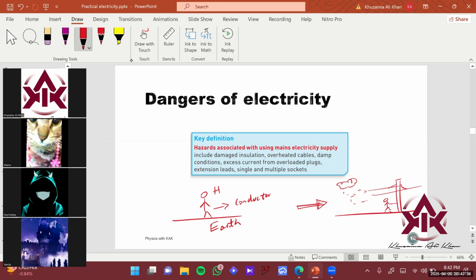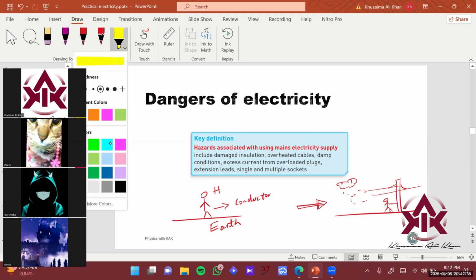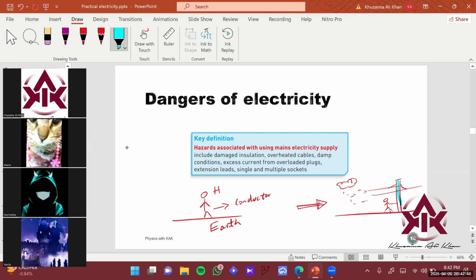So what happens when the pole is wet? Water is also a conductor of electricity. So the wires which are carrying electricity deposit some charges, some electrons, on the metal pole.